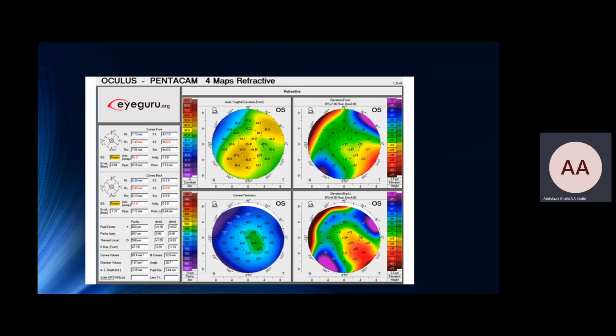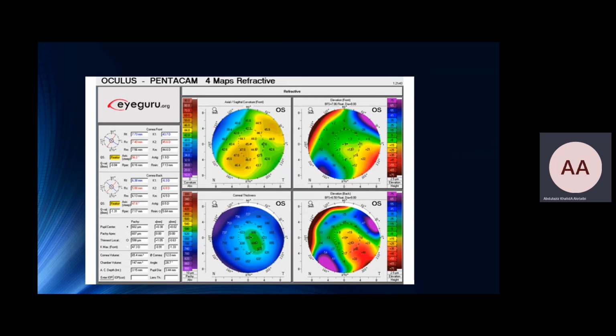K1 is 43 and K2 is 45. So consider K readings are all within normal. Okay, and the astigmatism is 1.9. Then I'll look at the corneal back posterior surface.